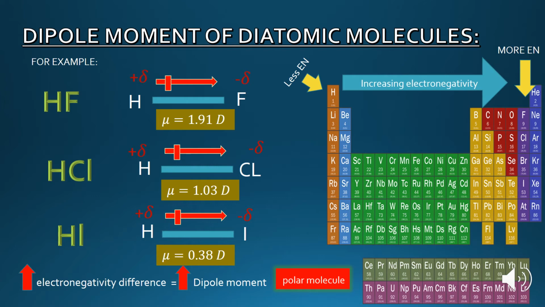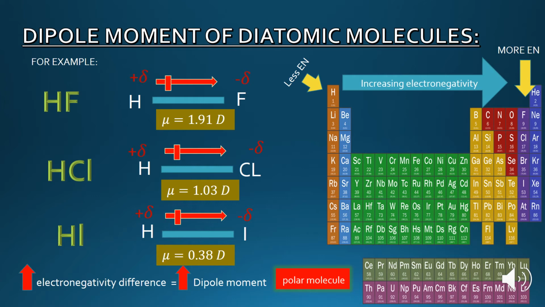Now, due to this electronegativity difference, there is an unequal sharing of the electrons between hydrogen and fluorine. As in the tug of war between two people with unequal energy, both of them are pulling the rope, but the one with more energy will win.